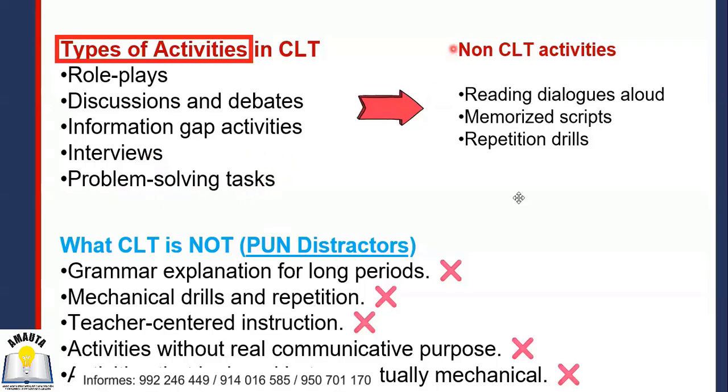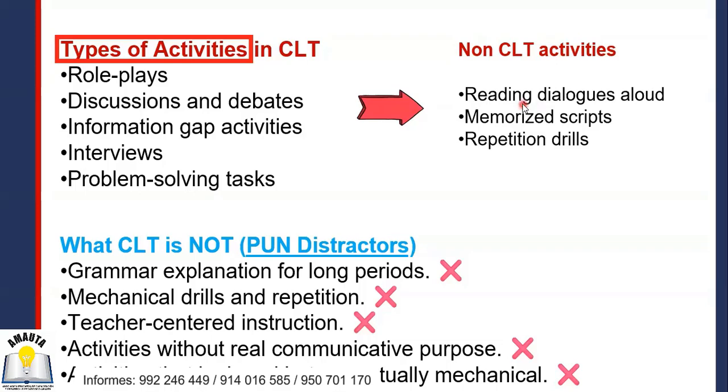So the activities that are not about this approach, CLT, the communicative language teaching, are, for example, when students are asked, right, to read the dialogues aloud, in which they don't generate the language, they memorize something, right?